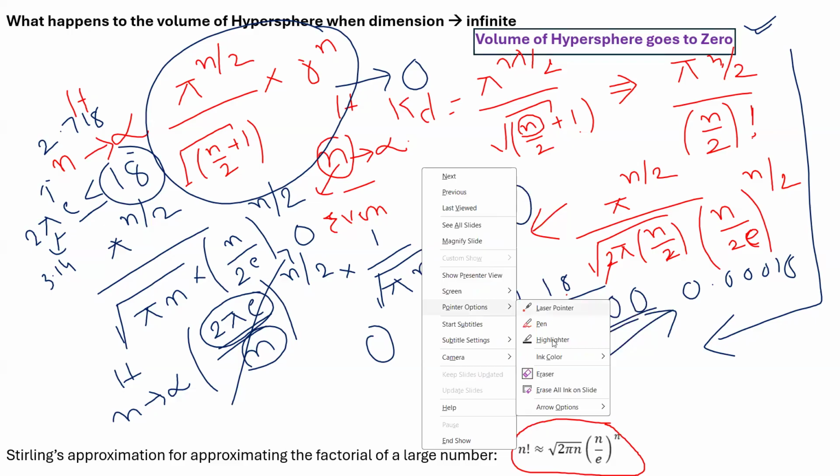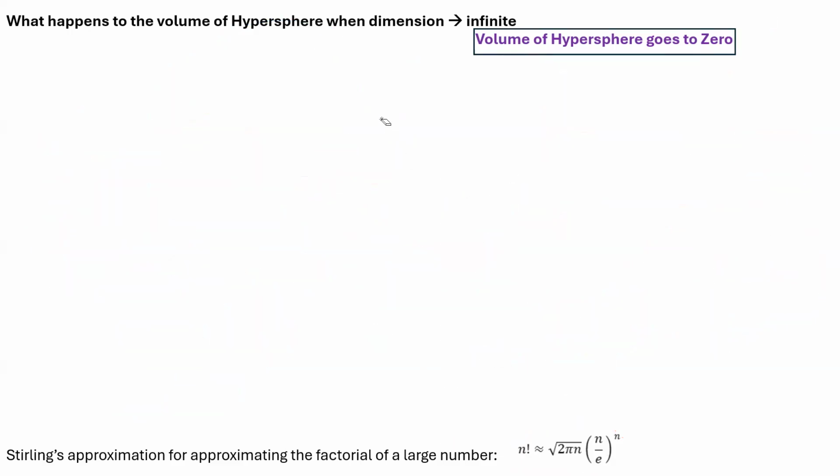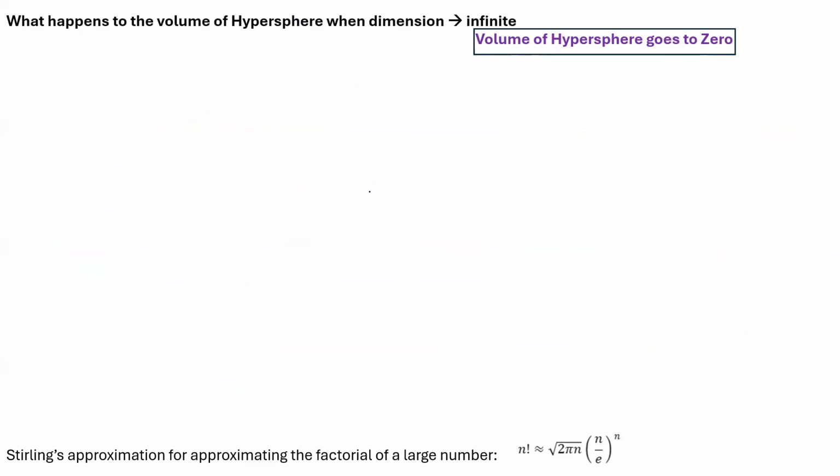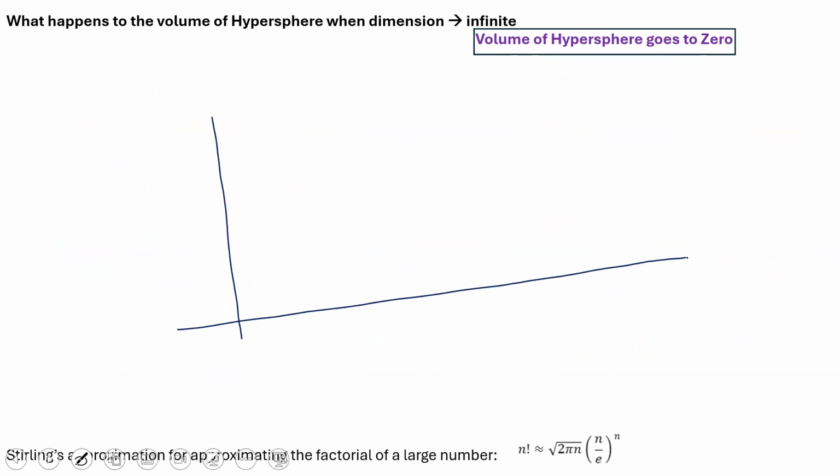Okay. So the first observation that you have found, with all the knowledge and all the derivations that you have done so far, is that the volume of a hypersphere in higher dimensions goes to 0. So this is how the volume of a hypersphere looks.